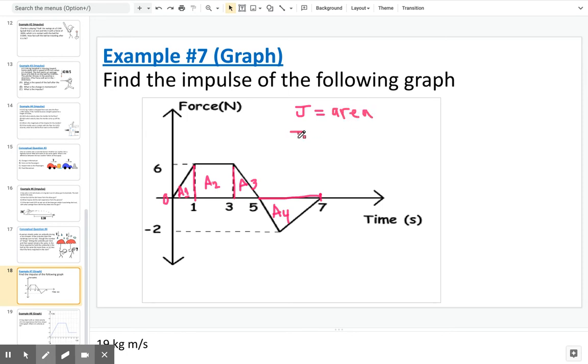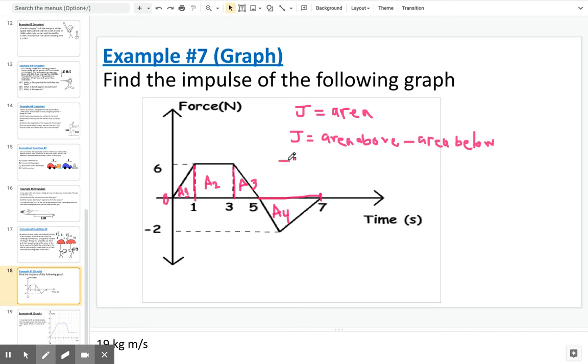So J, our impulse, we're going to take the area above the x-axis and subtract the area below the x-axis, because at that portion, the impulse will be negative.